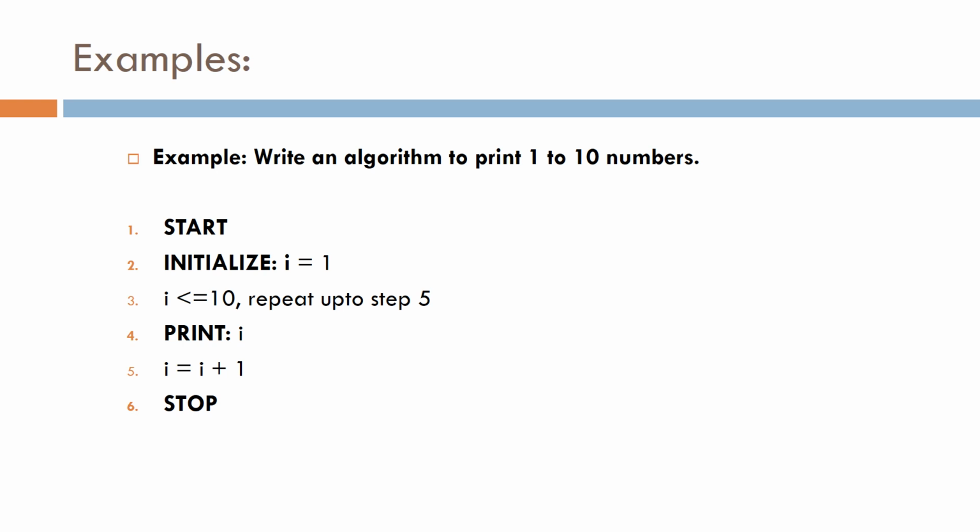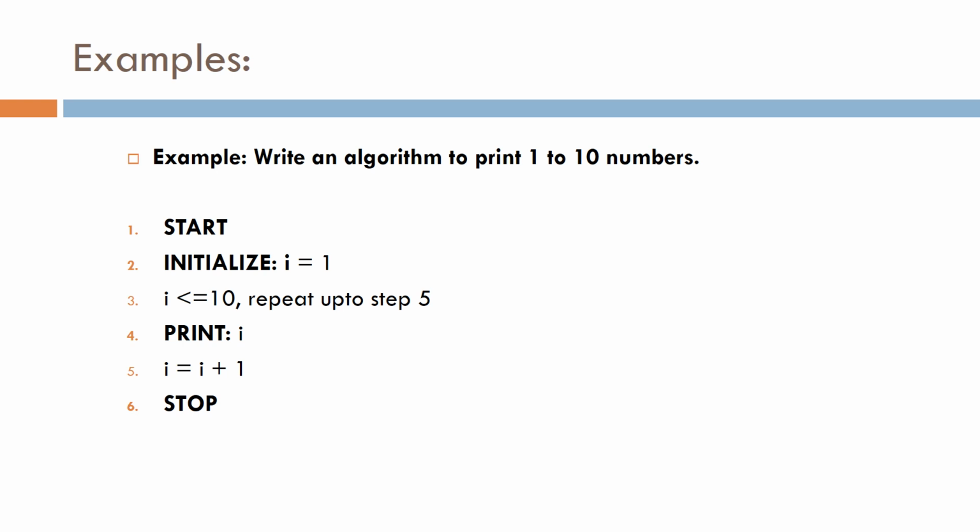Next time again we go to step number 3 and check the condition 2 less than or equal to 10. So we repeat up to 5 again because the condition is true. So print I, the value of I is 2, so 2 is printed, and then I equals I plus 1 becomes 2 plus 1, which means I is 3.